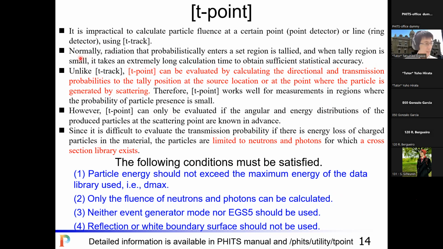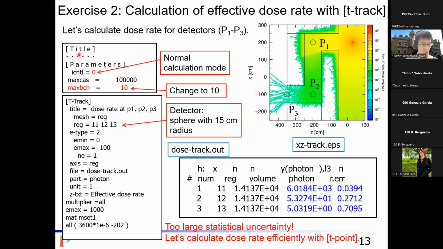And as the nature of ttrack, it scores the particles which crossed this region. So the dose at P3 is attributed to the particles which actually crossed this cell.